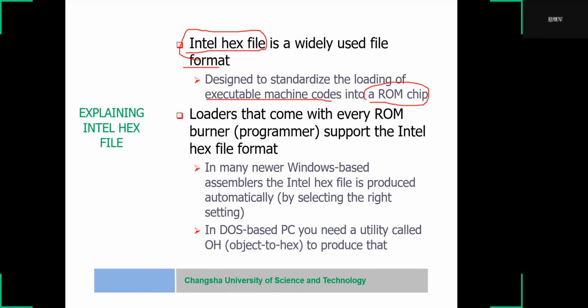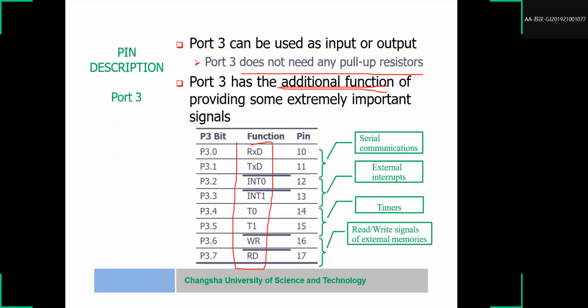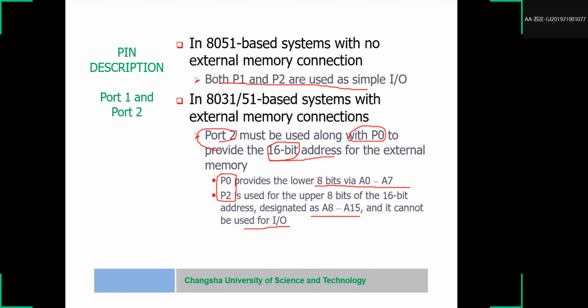Lashi, can you go back to the previous slide? Okay. Yeah. This is port 3, right? Do you have the explanation for port 2 and 1 also? This is port 2 and port 1.